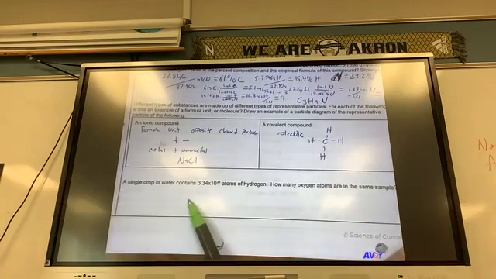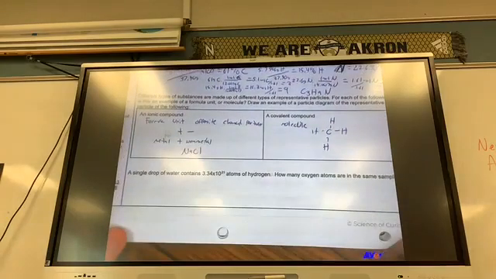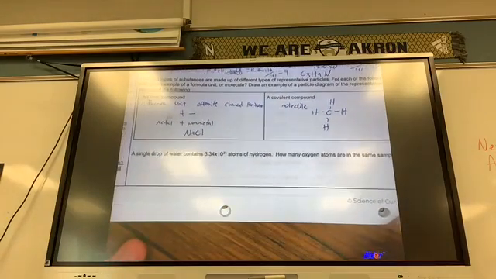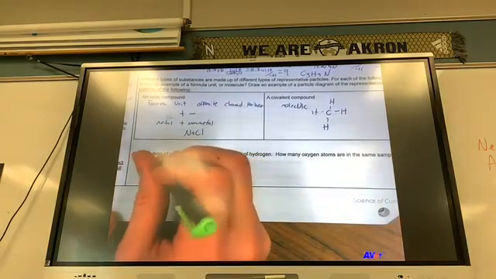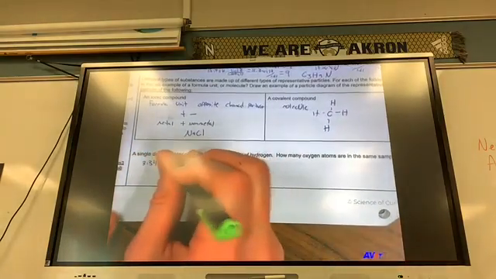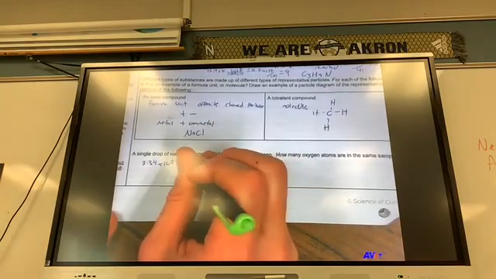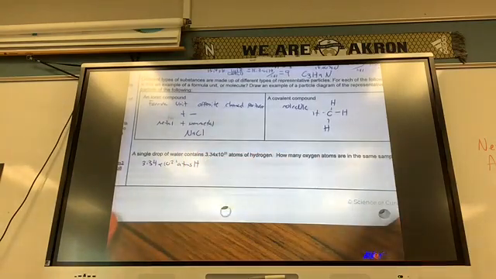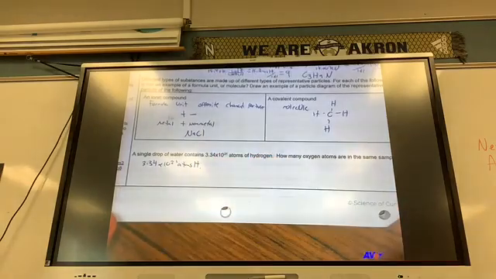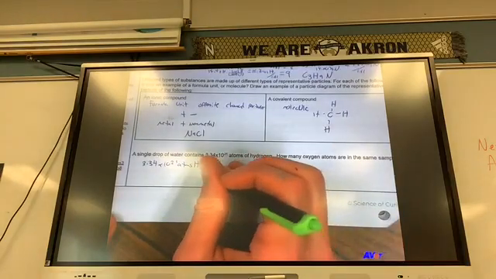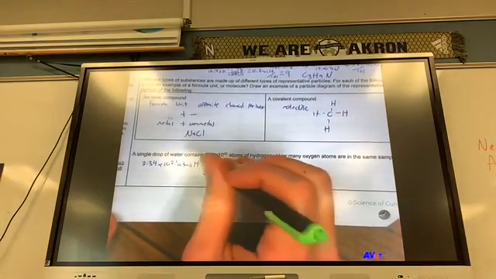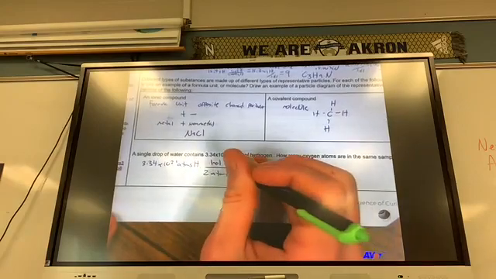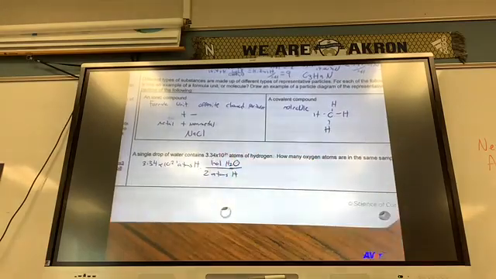A single drop of water contains 3.34 times 10 to the 21st atoms of hydrogen. How many oxygen atoms are in the sample? Is that stoich? Yeah, because I would do 3.34 times 10 to the 21st atoms of H. There is 2 atoms of H for every 1 mole of H2O, right?